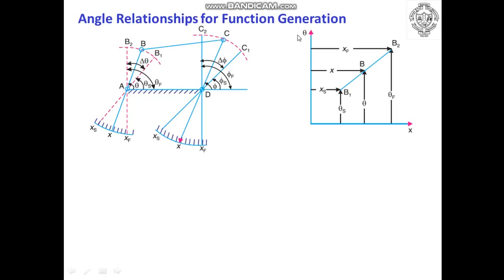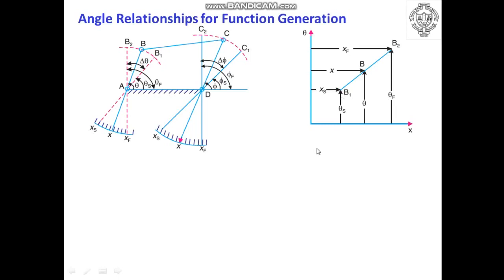If you consider the graph of the variation of theta with respect to x, that means the variation of angular displacement with respect to the linear displacement for the input crank, the graph is shown here. When the linear displacement x moves from 0 to xs, the angular position is theta s, which is shown by point b1.